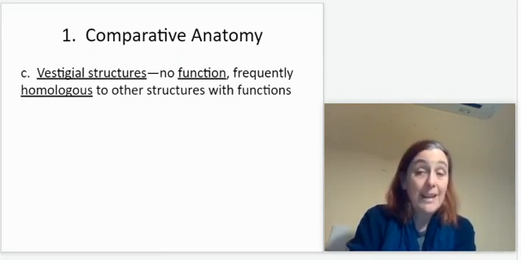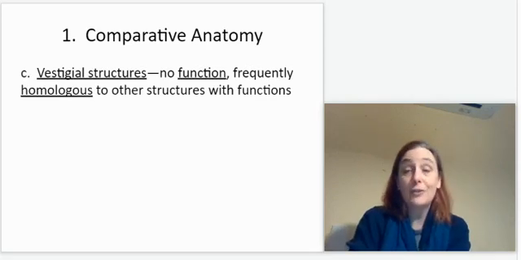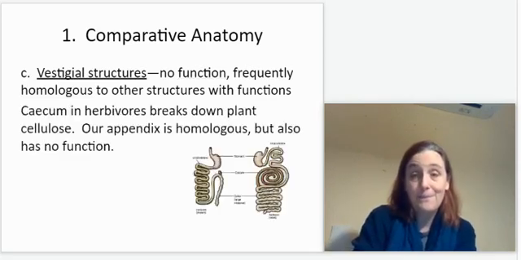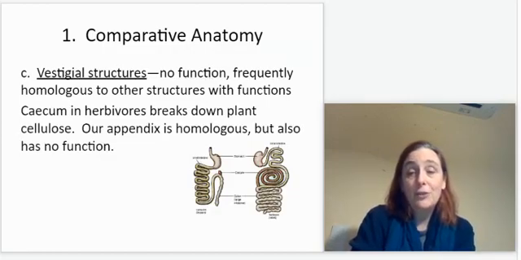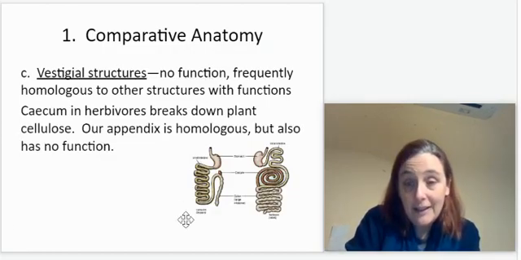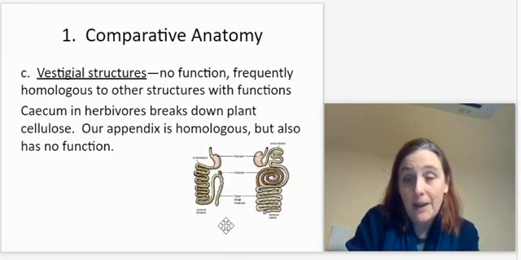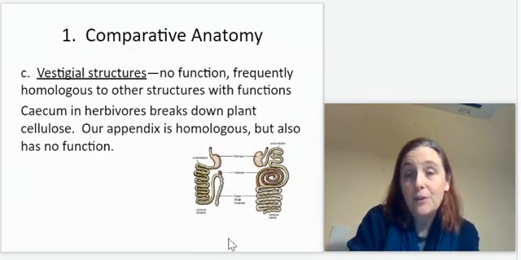Analogous structures, same function, different structure. And then we have vestigial structures, no function at all. The vestigial structure that we have here is looking at that little thing that comes off. That's the appendix that we saw in humans.